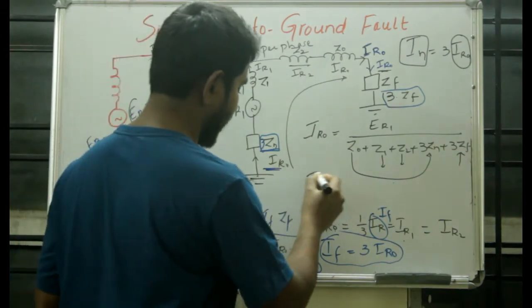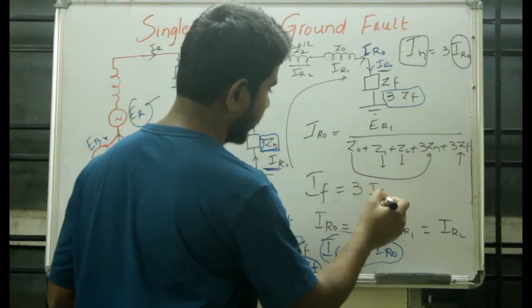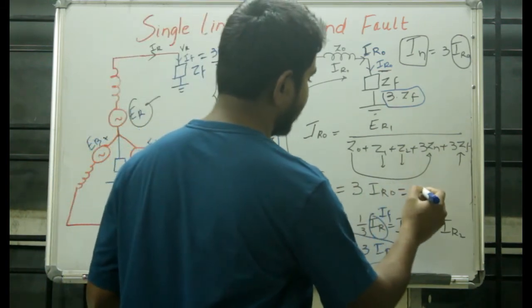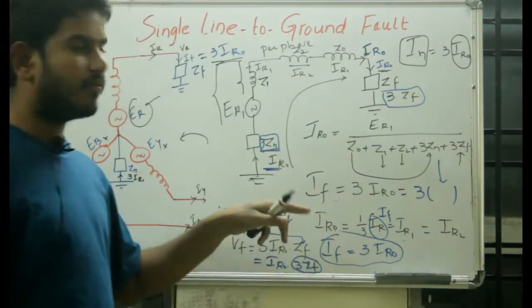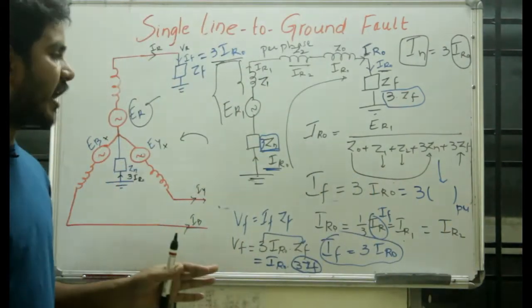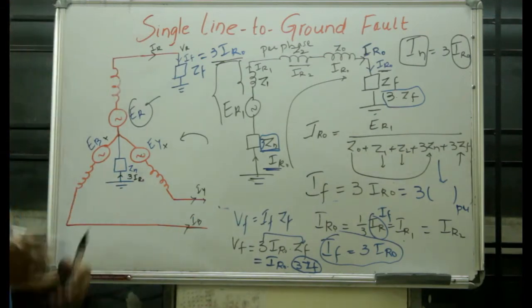Now we know that IF is simply given by 3 times IR0. So what we do here is multiply this term by 3, so that we get the fault current, and please remember this is in per unit. Now when a value is given in per unit, how will you find the actual value?